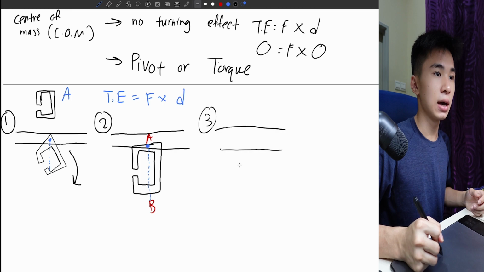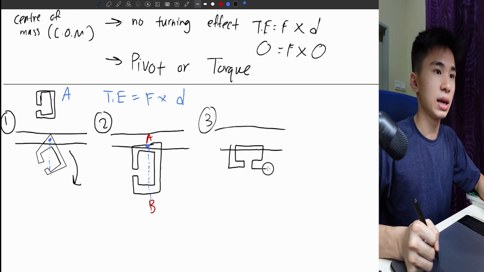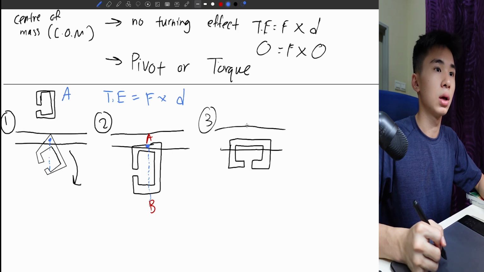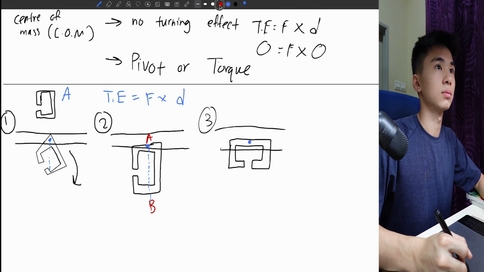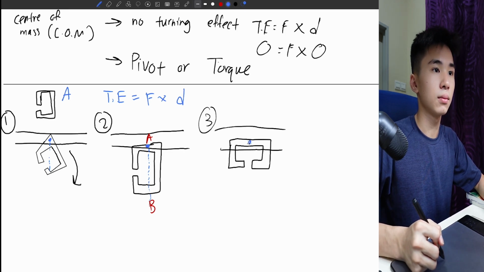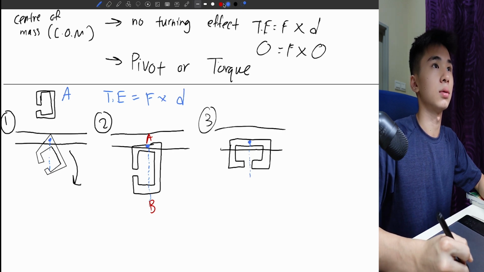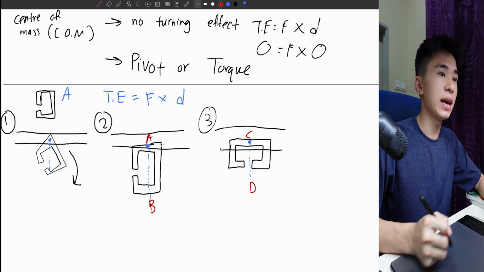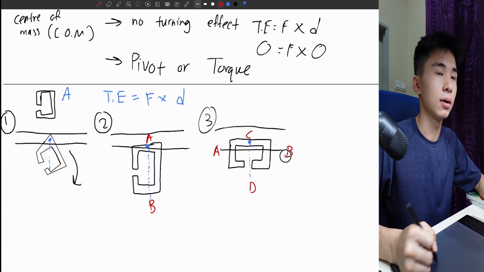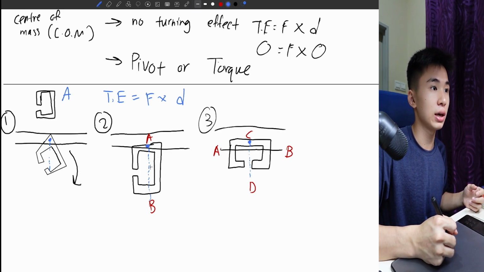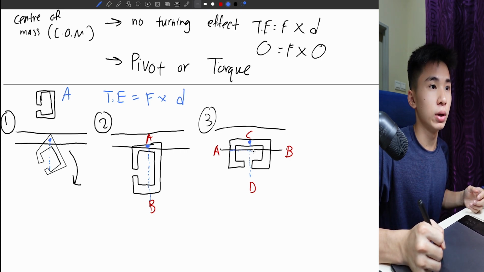This time, let's hang it like this. This will be our torque. I will draw a line here, and I will name the points C and D. And this A is right here, and B. Assume we have drawn a line here, so the line will be somewhere here.